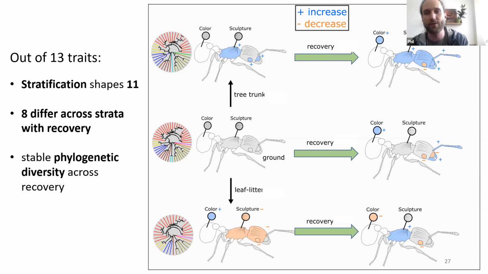Overall, I found quite a lot of traits were shaped by the interaction hypothesis. So they differed between the strata, to be exact, in 8 of them. Surprisingly, phylogenetic diversity was stable across recovery time, so I didn't draw another phylogeny there.